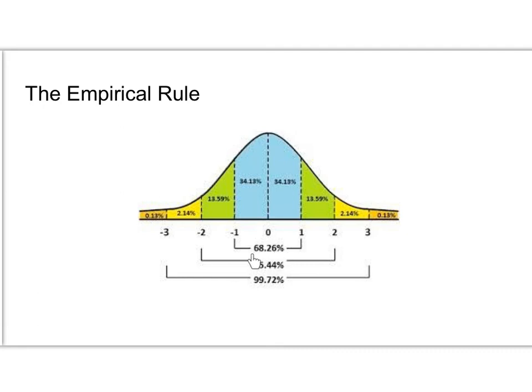One standard deviation away from the mean, you are already covering about 68.26% of the data. So if they ask how many values are within one standard deviation, it's around 68.26%. And if you cover two standard deviations, if you add the 34.13, 34.13, 13.59, 13.59, you will get 95.44.